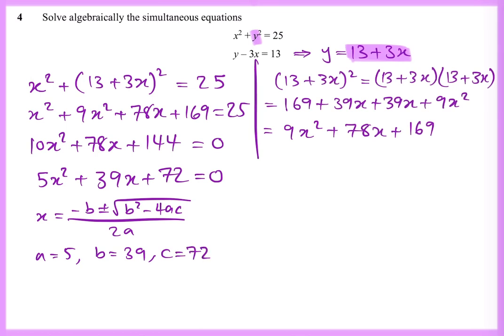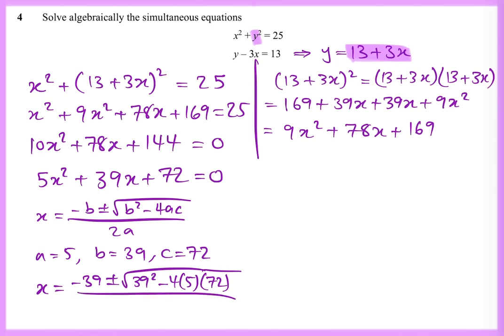So x equals negative 39 plus or minus the square root of 39 squared minus 4 times 5 times 72, all over 2 times 5, which is 2 times a.